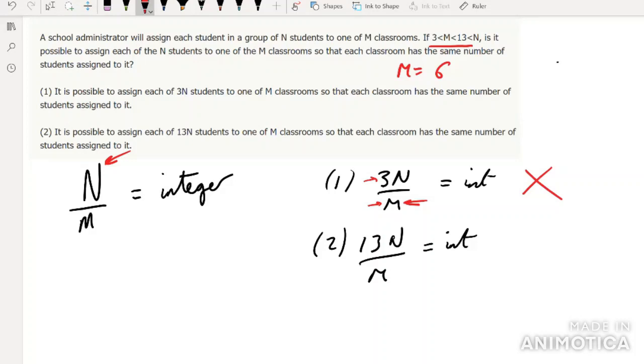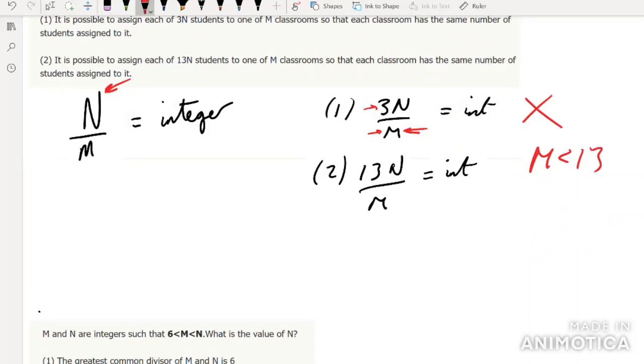Whereas for statement 2, we've got the same question: could there be a 13 in m that would be left over? Well, the answer is actually no, because m is less than 13, and since 13 is prime, there's no way of having a 13 in m. So this must just be 13 times n over m, where this part is an integer. And so that one alone will be enough. And so that's the answer.